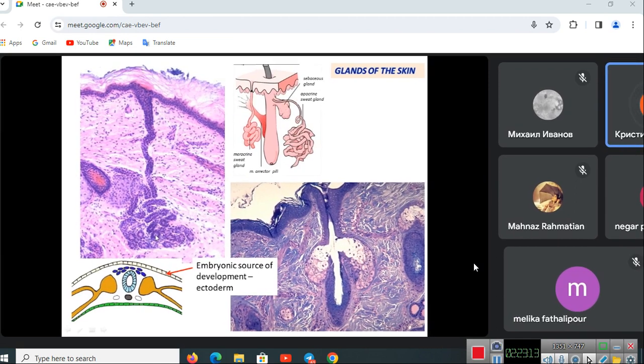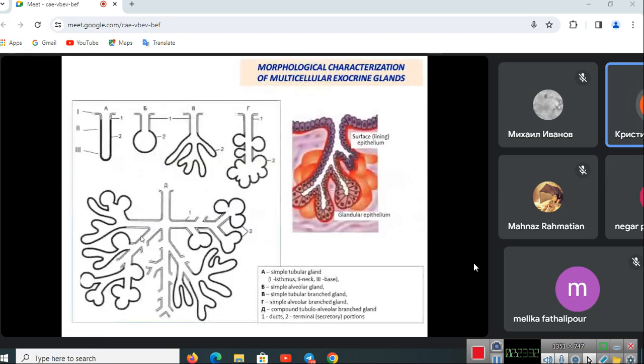We should look at the size and color of the cells. The cells of secretory portions are usually larger and lighter than the cells of ducts, because the secretory portions are made up with the glandular epithelium cells, which have, like we see here, higher amount of cytoplasm because of a lot of organelles needed to produce some secretions.